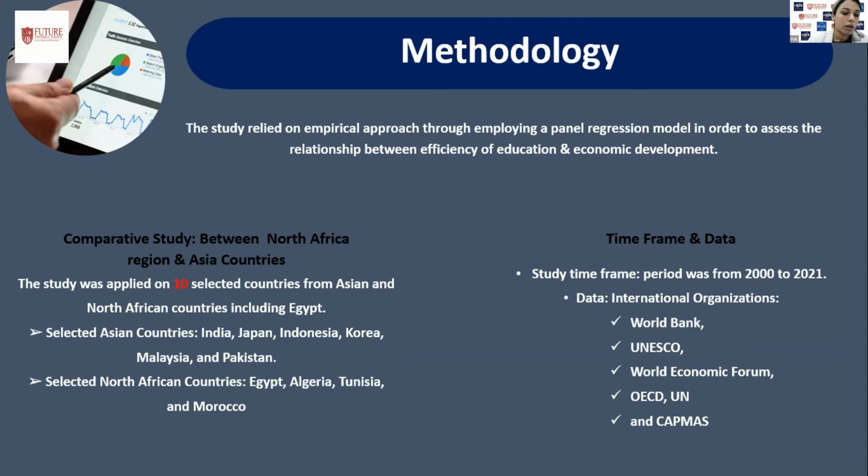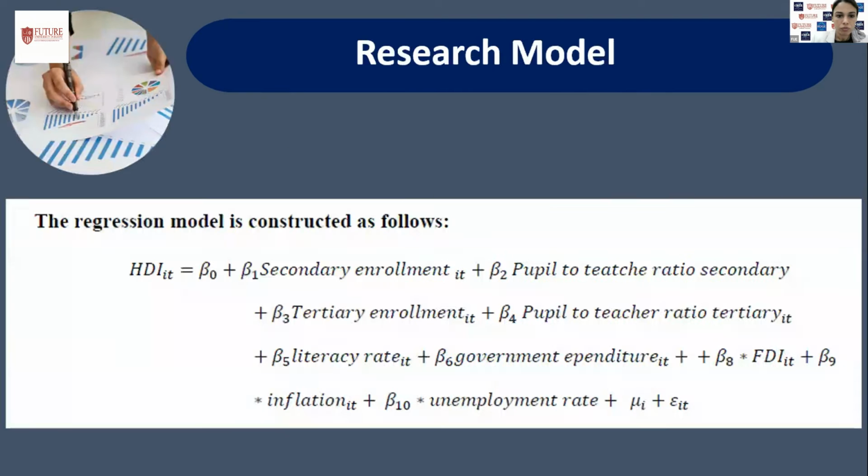The Asian countries were India, Japan, Indonesia, Korea, Malaysia, and Pakistan. As for the North African countries, there were Egypt, Algeria, Tunisia, and Morocco. The time frame of the study was from 2000 to 2021, and the data were extracted from international organizations such as the World Bank, UNESCO, the World Economic Forum, etc.